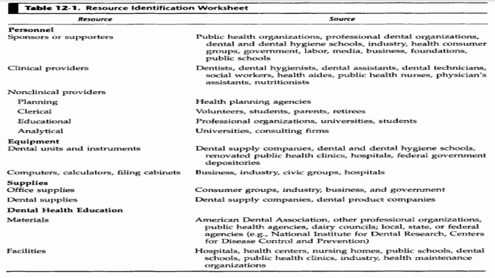And the supplies might be, for example, office supplies or dental supplies, where the consumer groups, industries, the government, the dental supply companies, or the dental product companies are the sources.